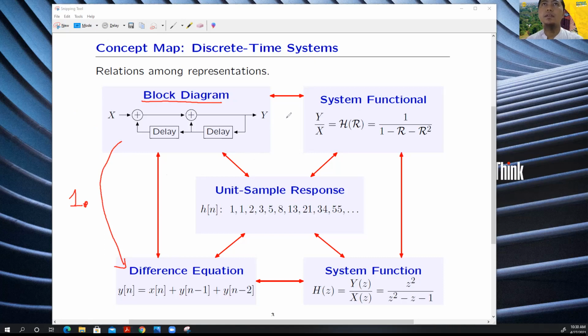And then the second group, how to explain the block diagram to the system functional like this. And then the third group, how to explain from the functional to this one.